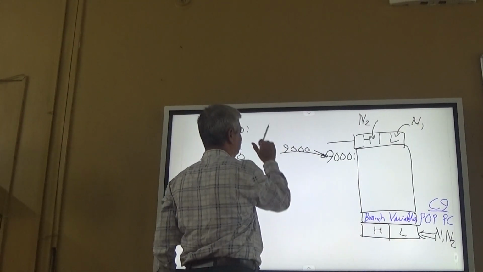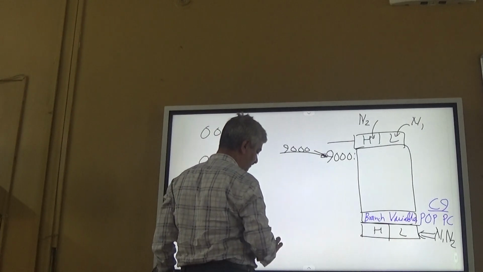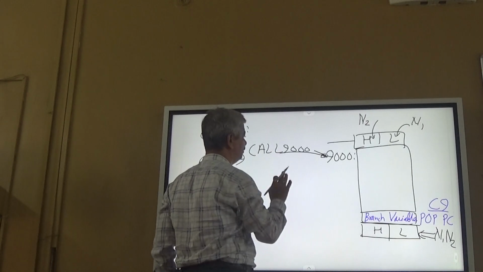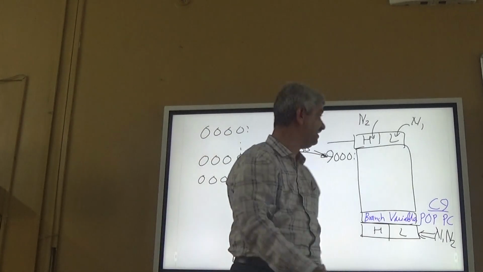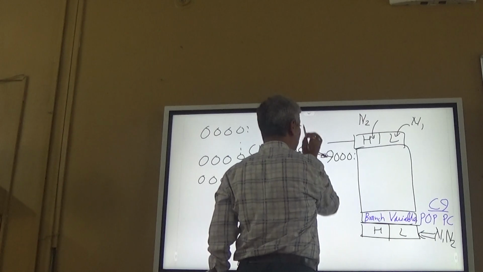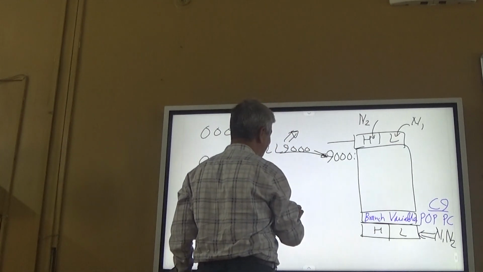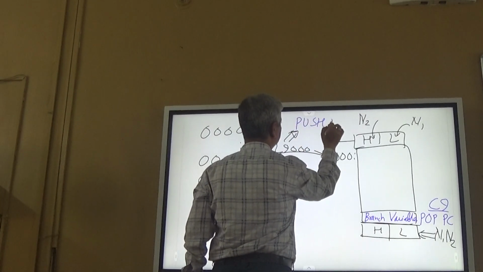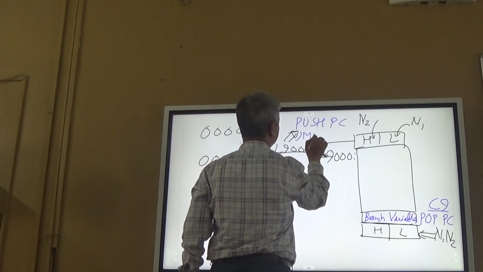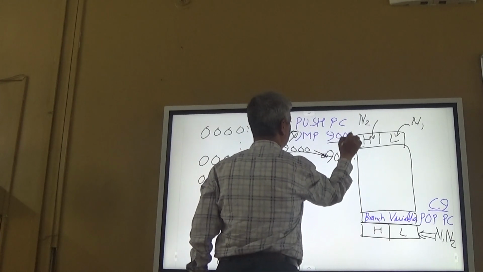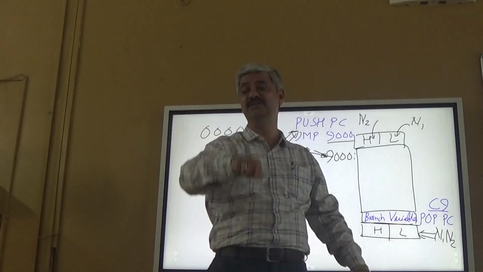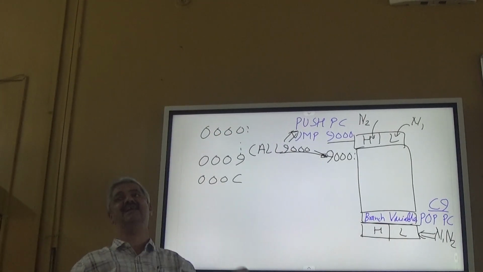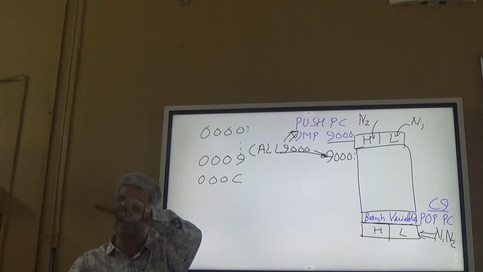So the instruction is call, and now I expect you to write call 9000. Call is a combination of one hypothetical instruction, push PC, and one real instruction, jump at the same address.